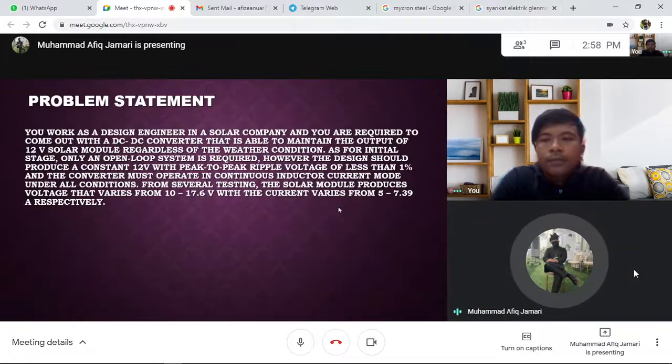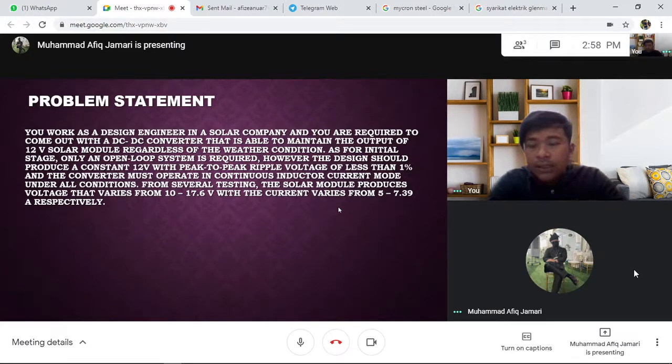Next is the problem statement. You work as a design engineer in a solar company and you are required to come out with a DC-DC converter that is able to maintain the output of a 12 volt solar module regardless of the weather condition. As for the initial stage, only an open loop system is required.